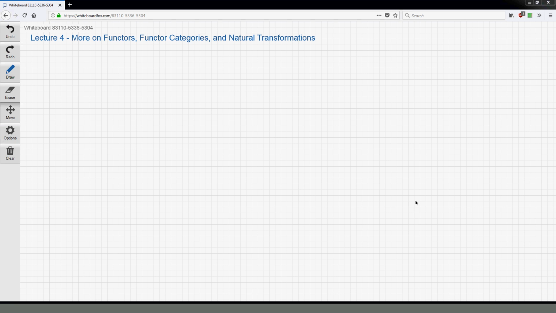So we're going to look at a few more examples of functors today, because last time we really focused on the endofunctors, right, which are the functors from a category to itself, because those are a little bit easier to grasp if you're a programmer. It's just a matter of higher order functions, right?